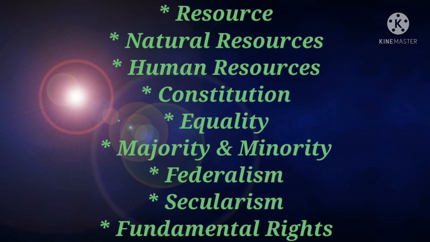This means that we have government at the central level, state level, and local level. So, federalism is the prime feature of our constitution, which refers to the existence of more than one level of government in the country.